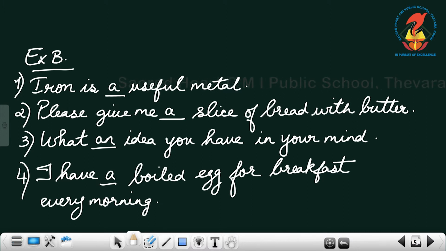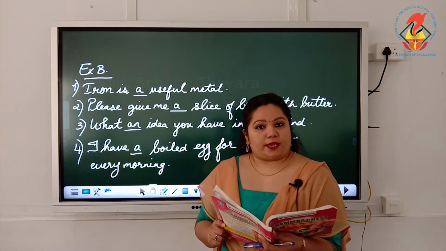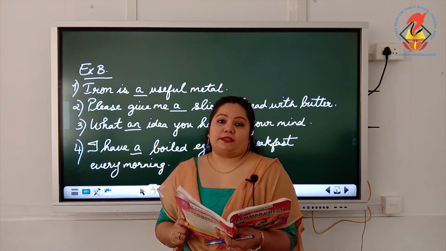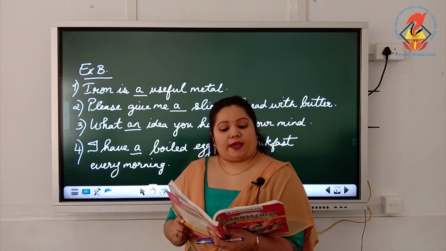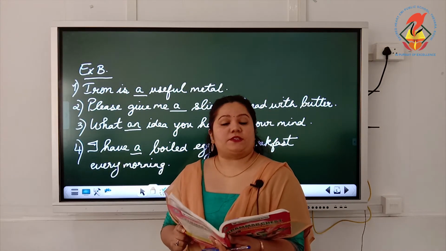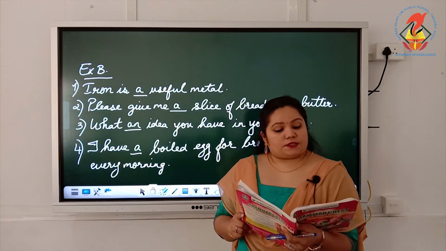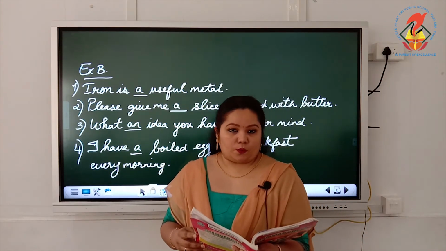Okay, now what is the fourth one? I have a boiled egg for breakfast every morning, because again boiled, so B has a consonant sound, so we write there article a. I have a boiled egg for breakfast every morning. The other sentences you are expected to do as homework.